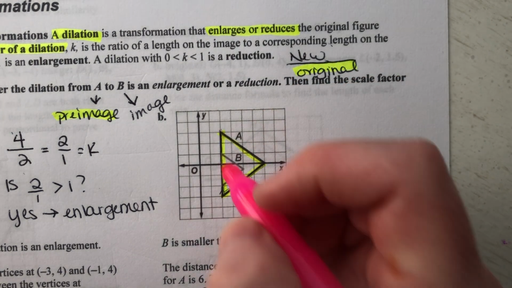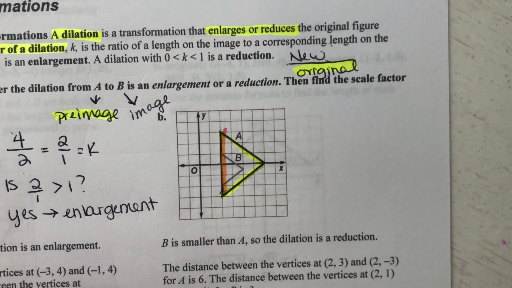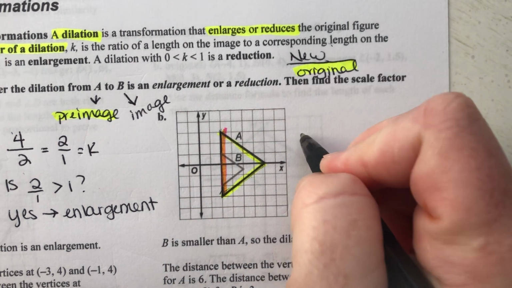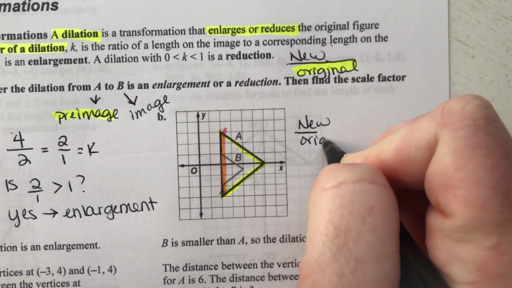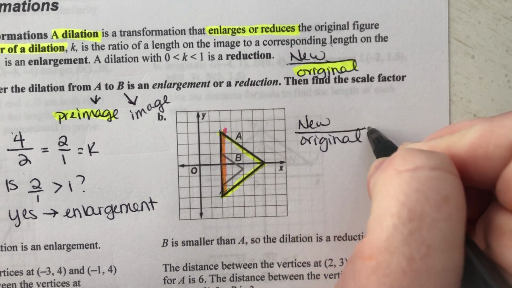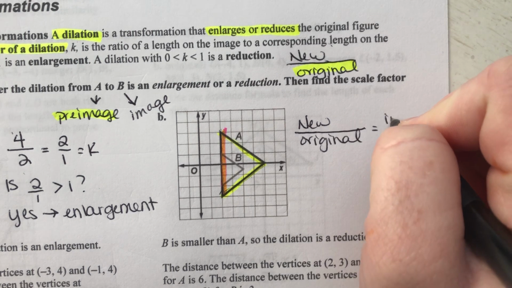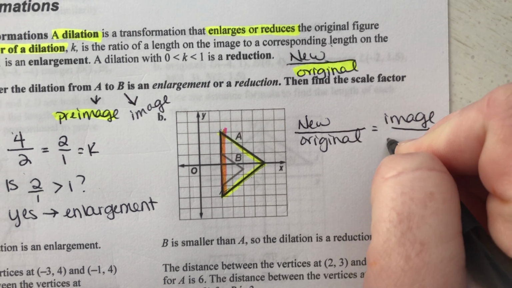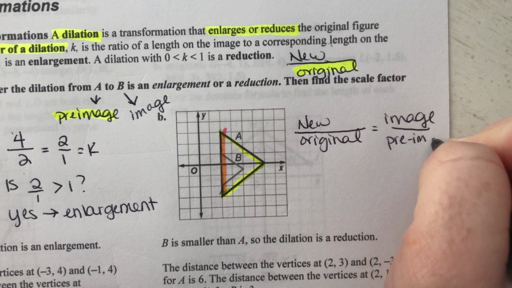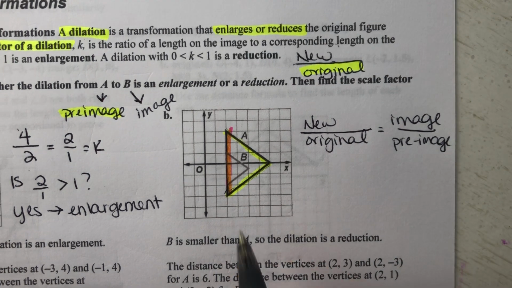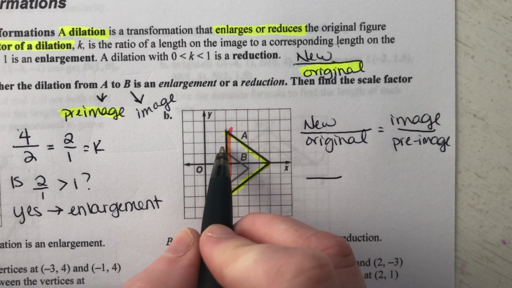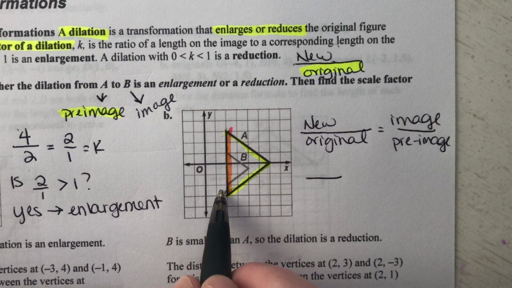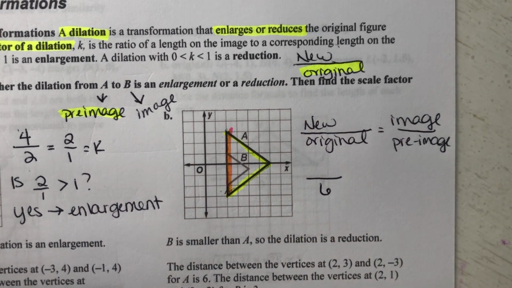This whole pink side. So if my original triangle image, remember it goes new over original, or you can think of it as the image over the pre-image. But if this original guy, which goes on the bottom, is 1, 2, 3, 4, 5, 6 units, that goes on the bottom.